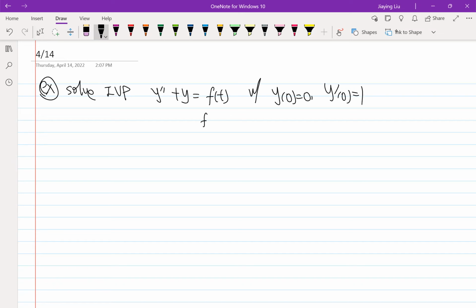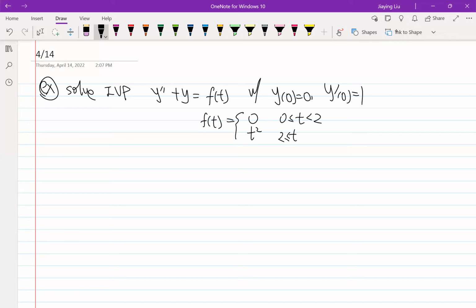And f of t is given as a piecewise function. f of t equals 0 for t less than 2, greater or equal to 0. f of t is t squared if t is greater or equal to 2. So that's what's given. It's an initial value problem. We're going to solve it using Laplace transform like we did before.